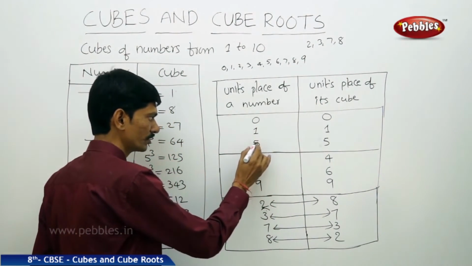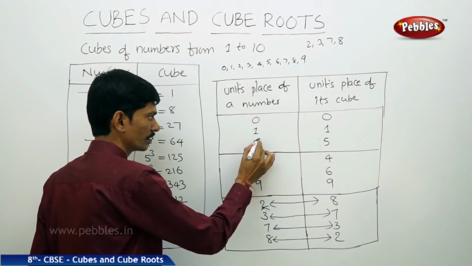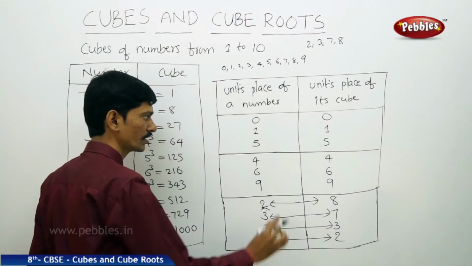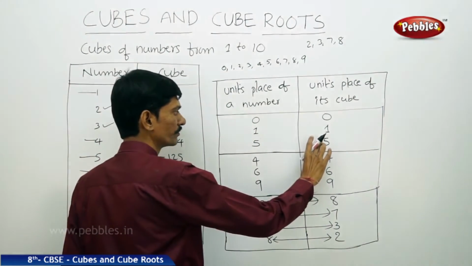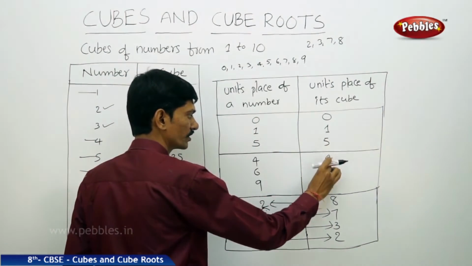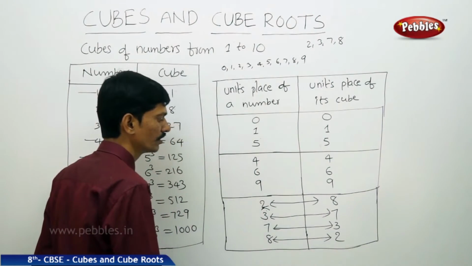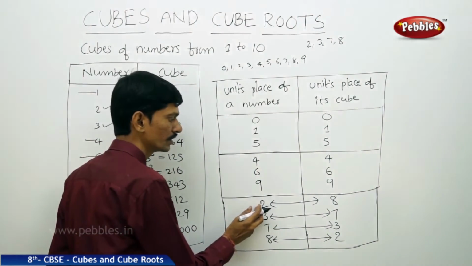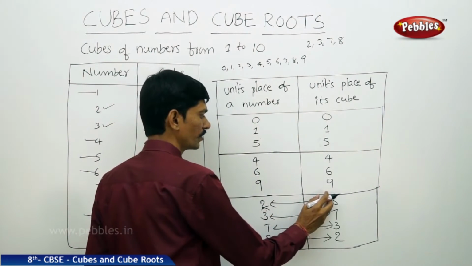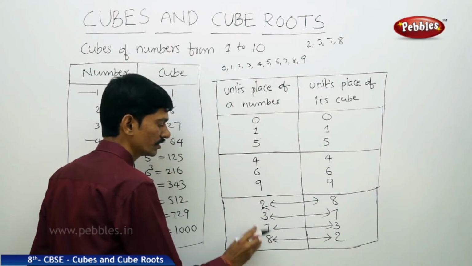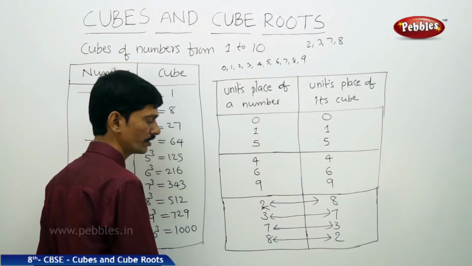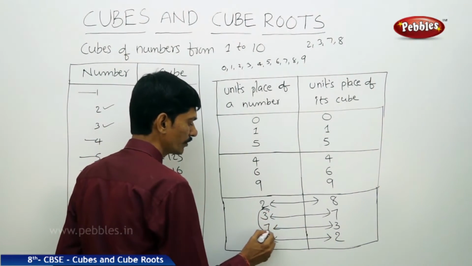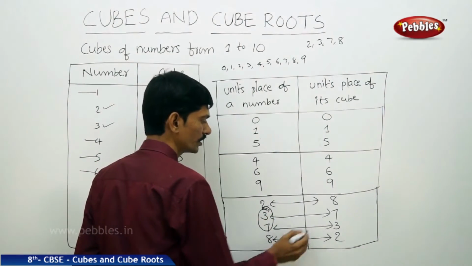If the units places of the given number are 5, 4, 6, 9, then obviously the units places of the cube are 5, 4, 6, 9 respectively. Now here, if the units place of the given number is 2, then 8 is the units place of the cube, or if 8 is the units place of the given number, then 2 is the units place of the cube. And we can observe the same thing in 3 and 7 also.